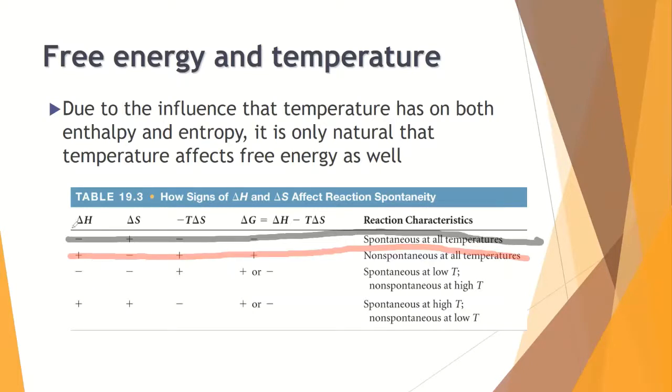And so you can see that if enthalpy and entropy are both favorable, we're going to get a spontaneous reaction. If enthalpy and entropy are not favorable, we're going to get a non-spontaneous reaction. Where it gets difficult for us are these conditions. What if the sign for enthalpy and entropy is the same? Well, then we call these temperature-dependent reactions.